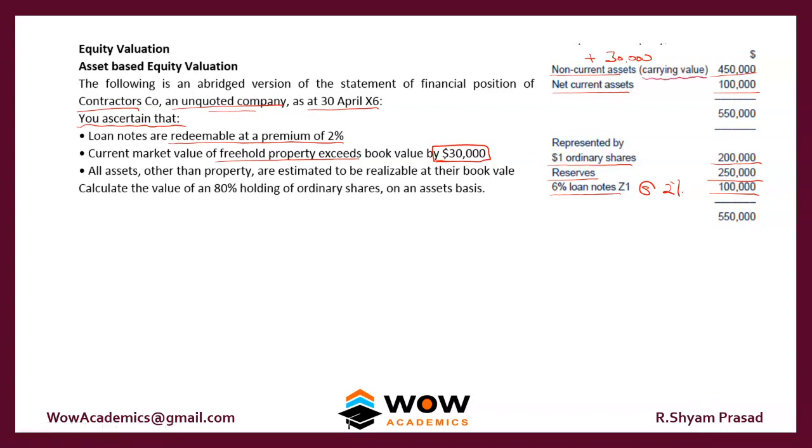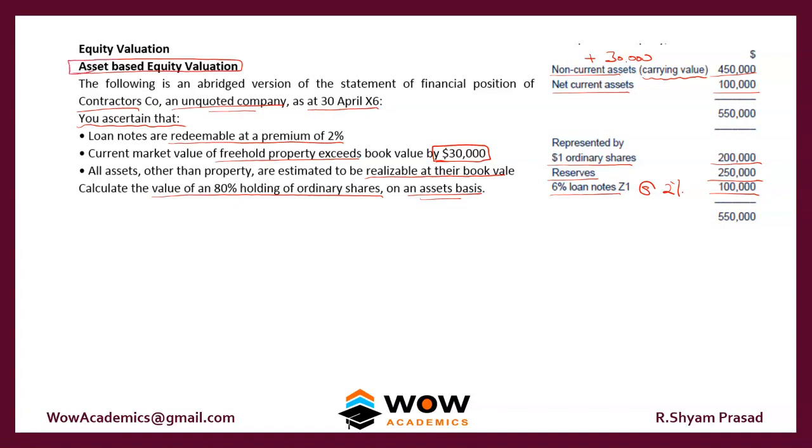So the actual non-current asset value should be 4,80,000. All assets other than property are estimated to be realizable at their book value. So any other asset, the net current assets, can be realized at the book value itself. He's asking you to calculate the value of an 80% holding of ordinary shares on an asset basis. So on an asset basis is the asset-based valuation method that he is asking.